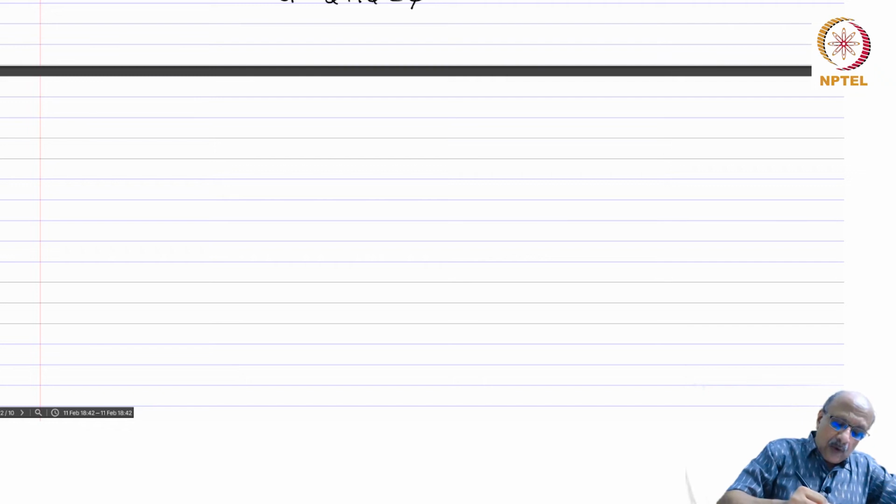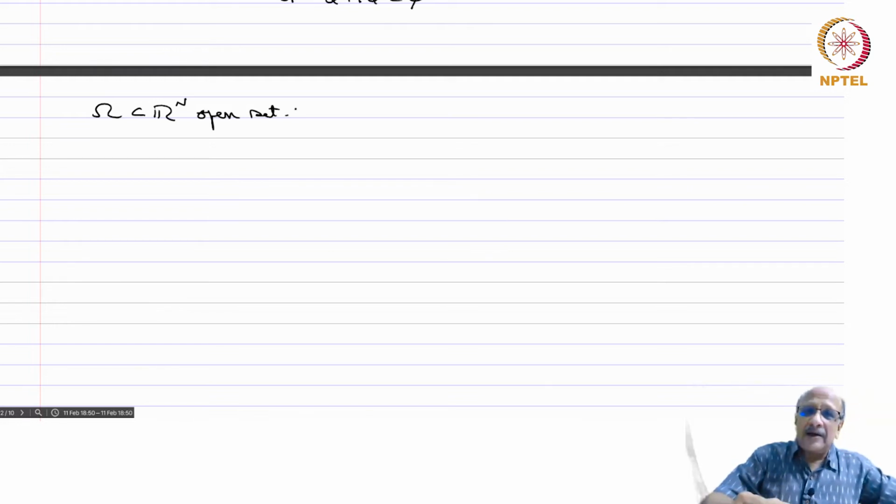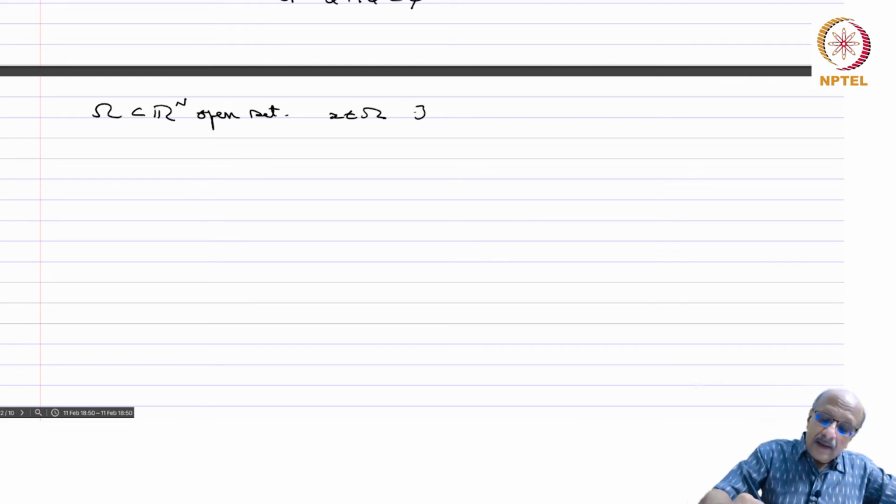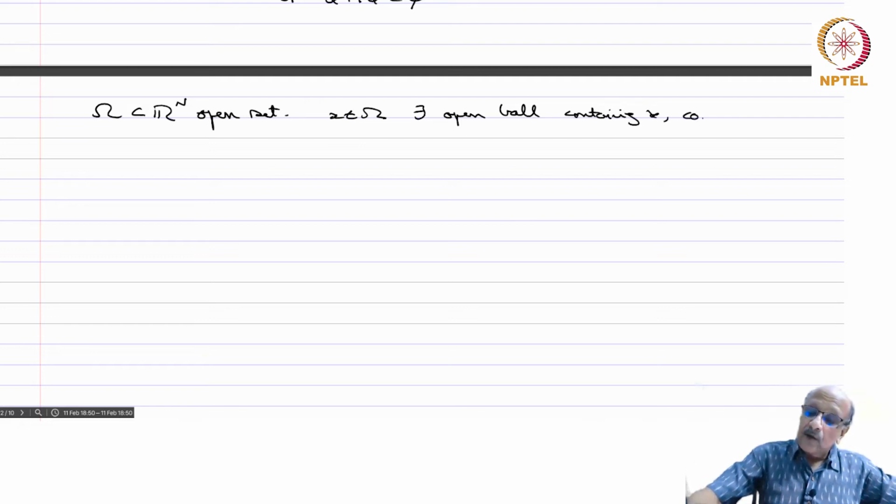Okay, so omega contained in R^n, open set. Up to now I only subdivided R^n into a grid of 1 by 2 power n size for every positive integer n. So if x belongs to omega, then there exists an open ball containing x contained in omega.